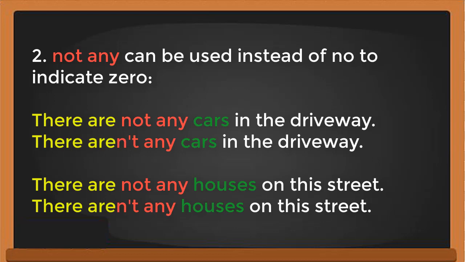And then the second thing that you can do is to answer by using "not any" to indicate 0. For example, there are not any cars in the driveway. If you hear it, it is kind of awkward, "there are not any."